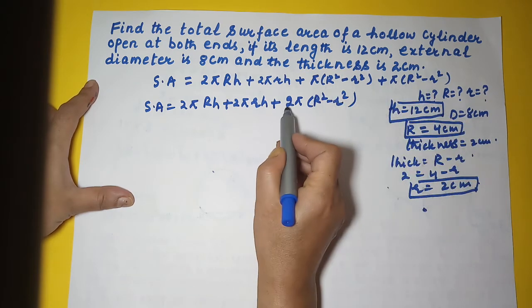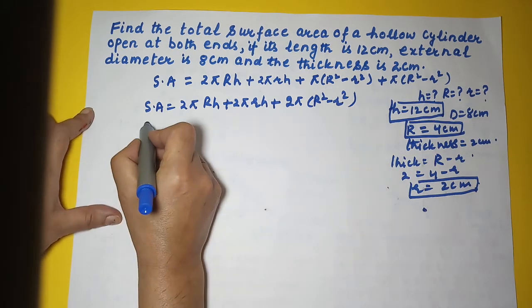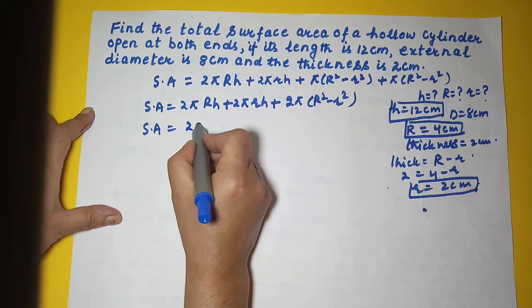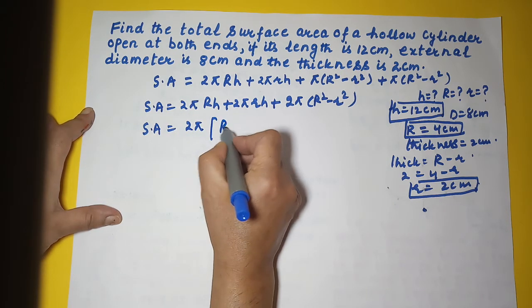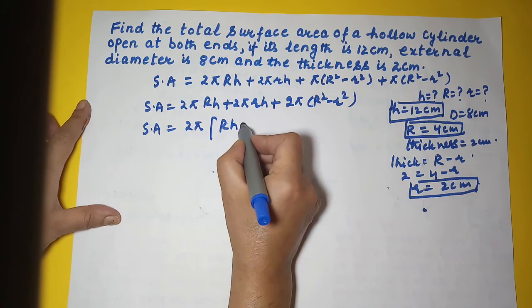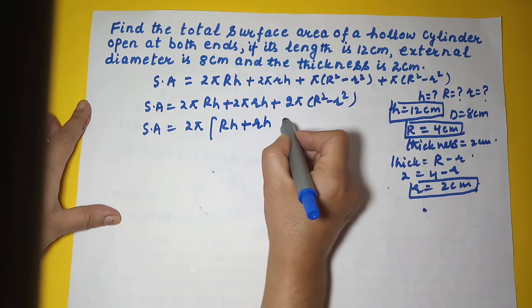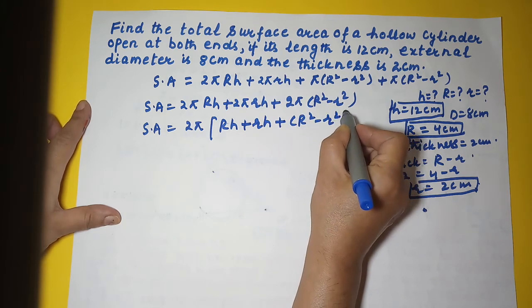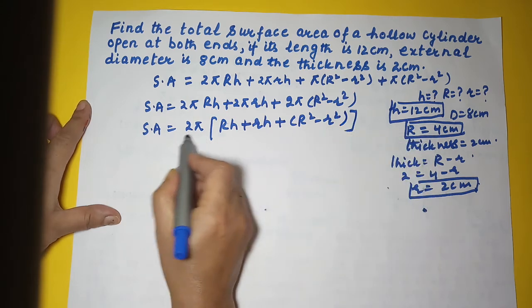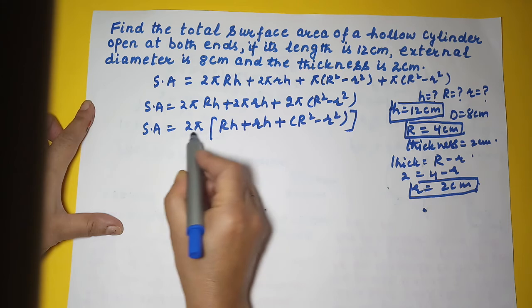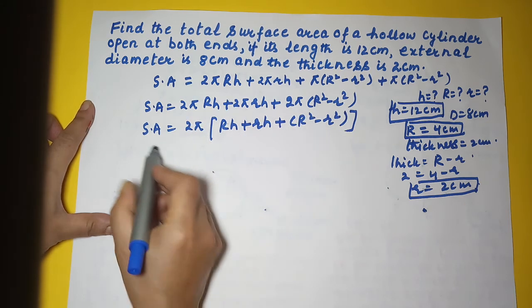Two quantities, so I have combined them. Now, can I take anything common here? Yes, 2 pi I can take common. So I am left with R. You can directly substitute the values, or you can even take common and then do that. Plus rh plus R square minus r square. So I have taken common, so as to not repeat the value, to save the repetition.